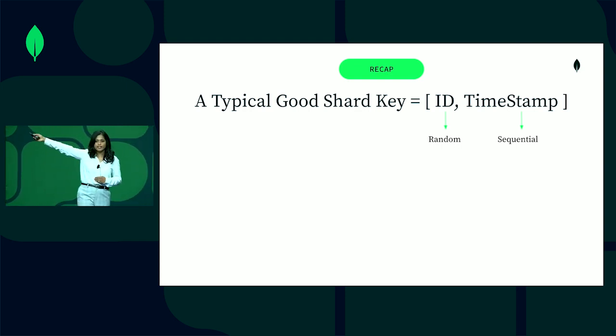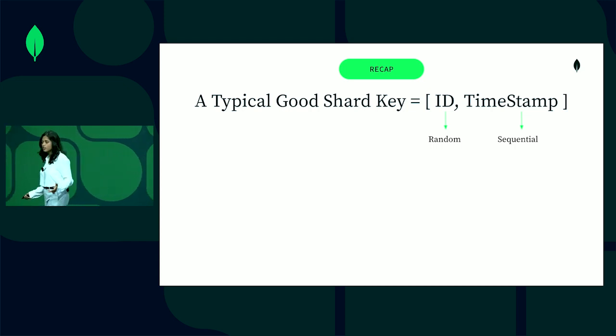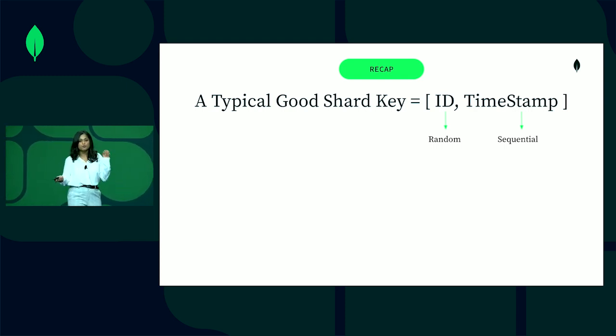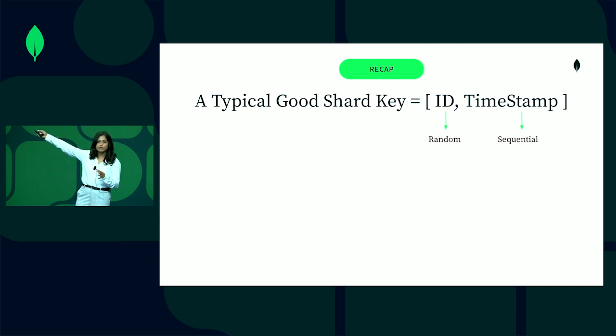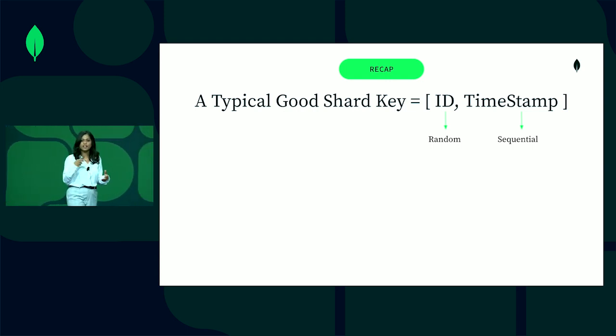Now this is a generic example. This team here for local focal, I feel like we've done a great job, but I know all of us are talented developers, or any title you have, and we need to make more applications. To make that decision of choosing a shard key easier, this can be a typical good shard key formula, where you think about this compound shard key, where the first half of it takes care of the cardinality.